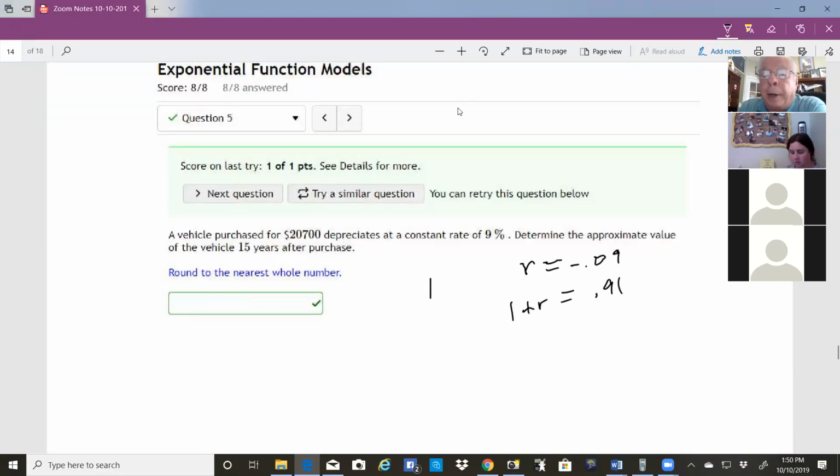So the value of this vehicle in 15 years is going to be $20,700 times 0.91 to the 15th power.